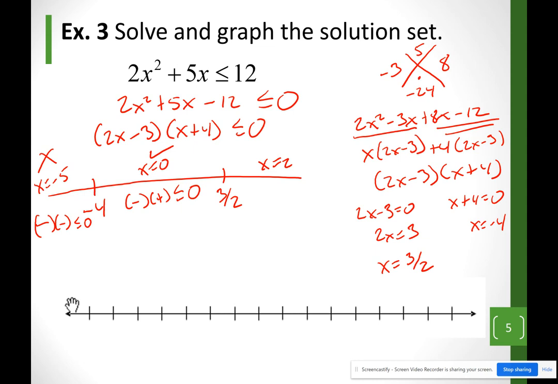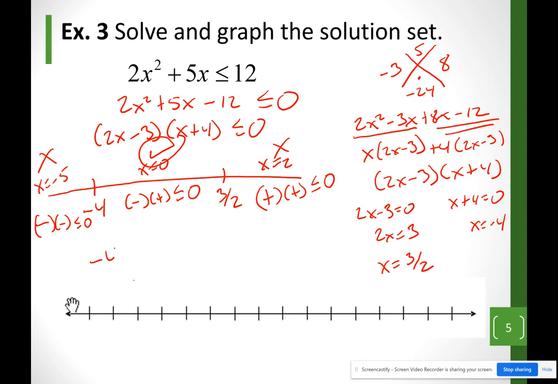Take a look at the last example. I'm letting x equal 2. So 2 times 2 is 4. 4 minus 3 is a positive sign. 2 plus 4 is a positive sign. Is positive times a positive less than or equal to 0? No. So the only set that worked was this one.